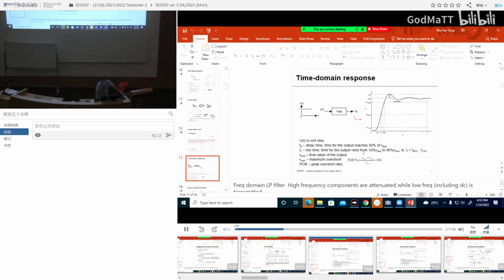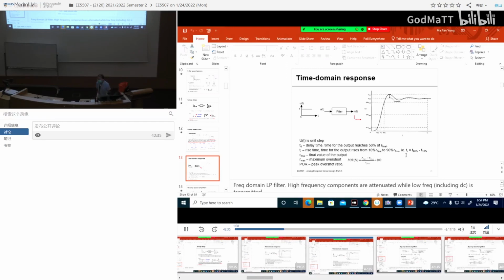So these are the different parameters we use to describe this filter's time domain response. You have the delay time, which is typically measured from how long it takes to get to 50% of your final value. You have the rise time, which is the time taken to get from 10% to 90%.